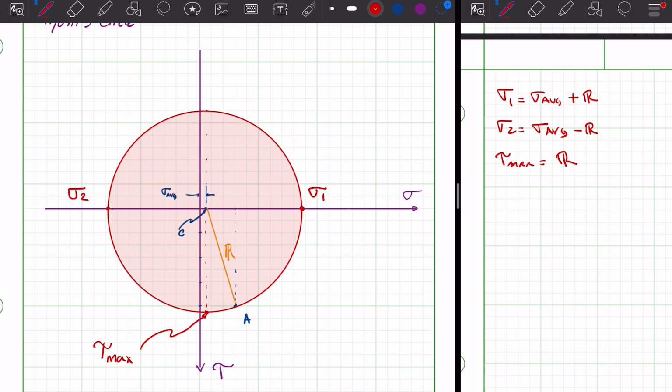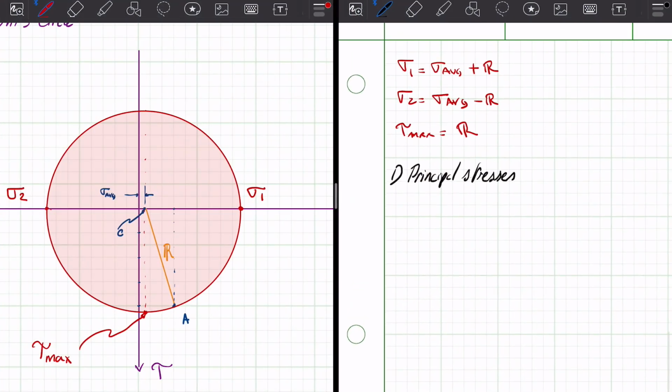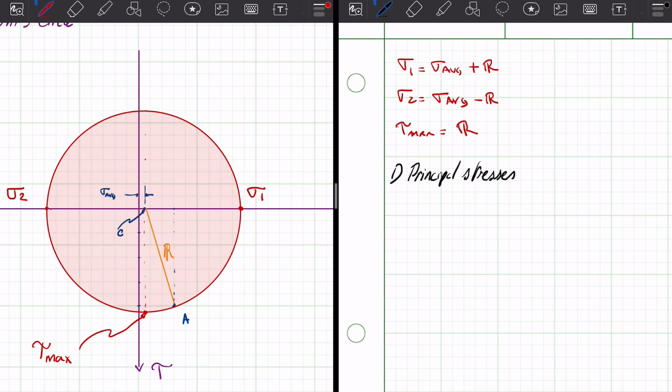Now, the next thing that we got to pay attention to is how to calculate this number. So let's go ahead and do one by one. In my case, I'm being asked what the principal stresses are. So I'm going to go ahead and calculate it. What are the principal stresses? We have identified them on the circle, but we can get the number. So I'm going to reduce the size of the circle here real quick so we can see what's going on. And we have that the principal stress 1 is sigma average plus the radius.